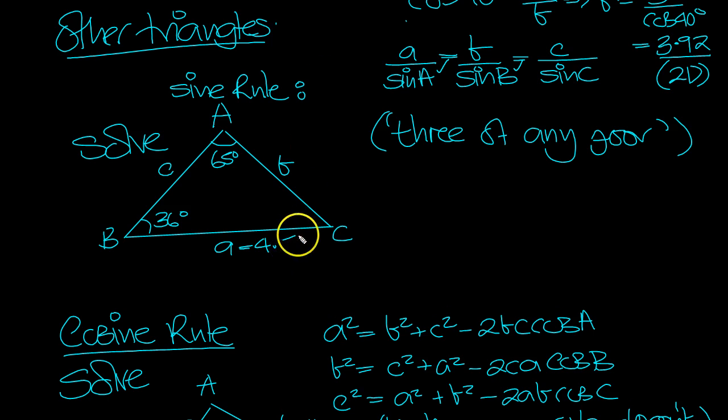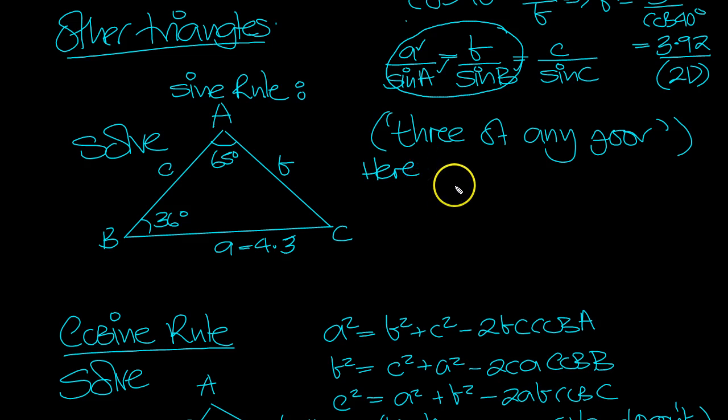Okay, so we've got A. So 3 of any 4. There's no choice here. This is the option we've got, haven't we, to get B. So here, we could just write it down for B and move the sine up. So B is equal to A sine B, if we wanted, over sine A, couldn't we? I've just moved that up there to be with the A.